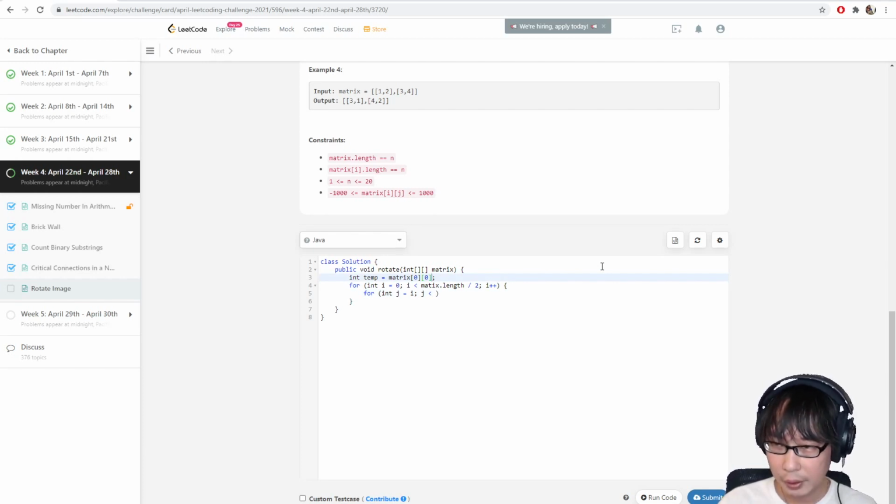Okay, let's have an integer to store the length of each layer. So I will start it with m. Let's say that it's n by n.